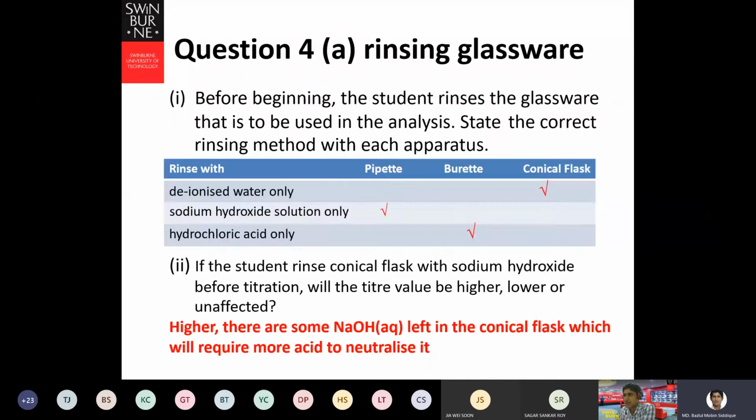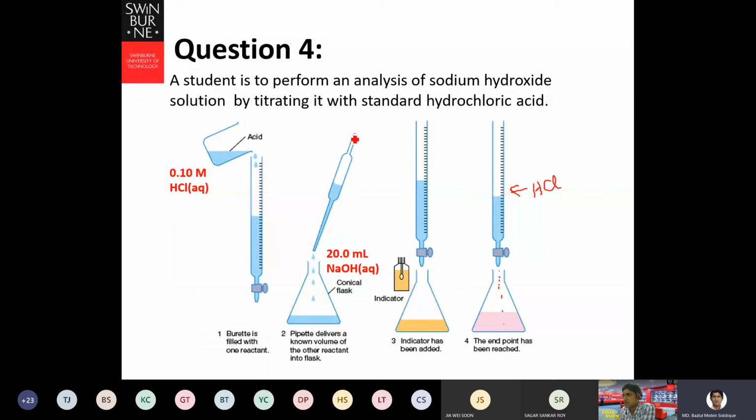That means in the burette, initially we fill it up, this is 0.0 milliliter. Here, let's say it is 15 milliliter, here it is 30 milliliter, actually it is 50 milliliter.